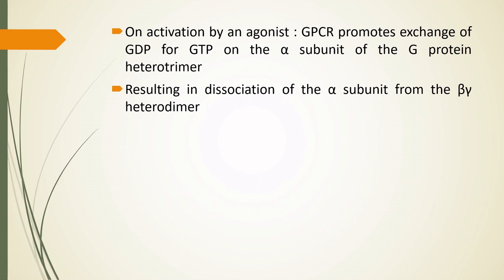Now once this receptor is getting activated, so let us suppose that this receptor, the G protein coupled receptor, is getting activated by an agonist. In the inactive state, GDP was bound to it.